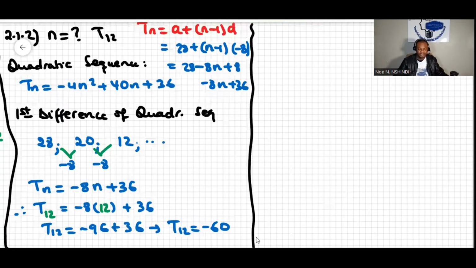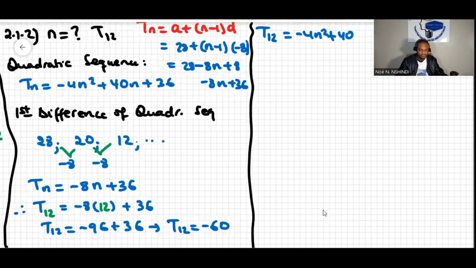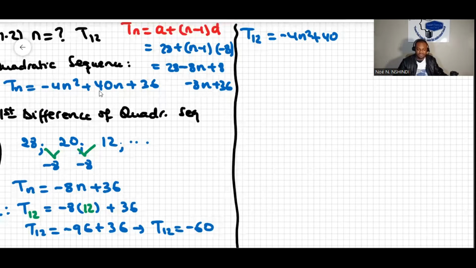We need T12 of the arithmetic pattern, whose value is -60, equal to Tn of the quadratic sequence, -4n squared plus 40n plus 36.